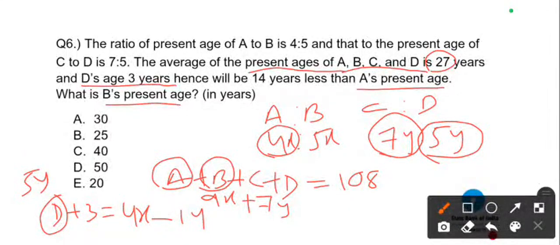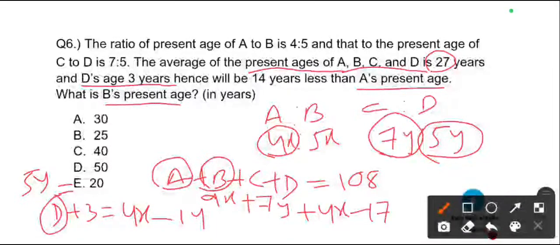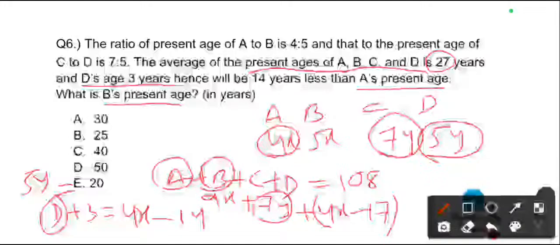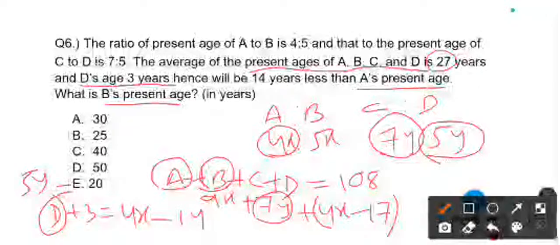Does anyone have the answer? This is 5y. So 5y value will be, 3 goes to the other side with minus, 4x minus 17 is the D value. So D value is 4x minus 17, meaning we can write the value of C also. 5y is 4x minus 17, so y value will be (4x minus 17) divided by 5.